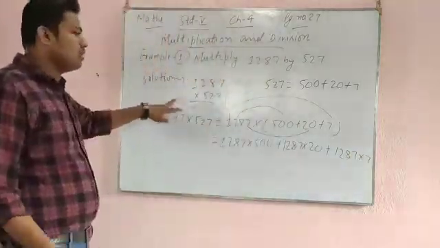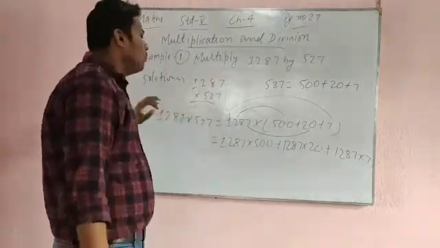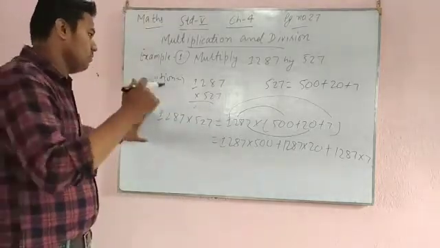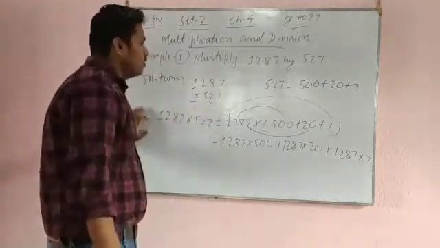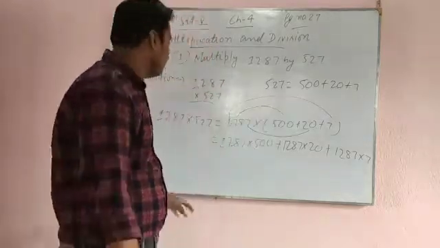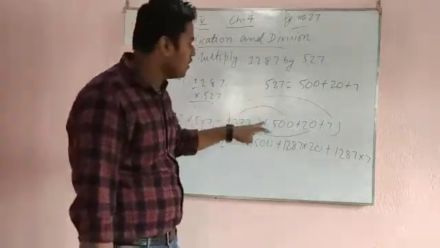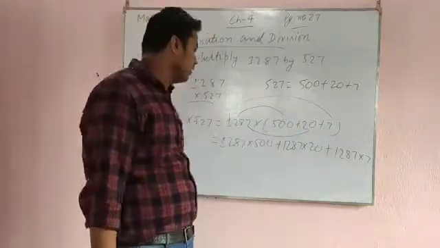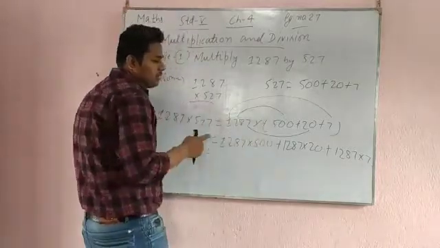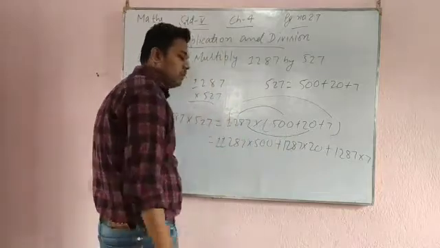One, you can do whatever you are reading in standard 3, 2, 4. Because now you are in standard 5, you have to match your standard also. So first 527 I have broken into expanded form, 500 plus 20 plus 7. First 1287 multiply with 500, then 1287 multiply with 20, then 1287 multiply with 7.